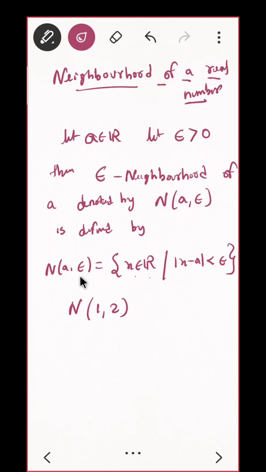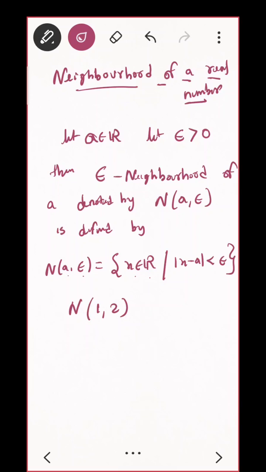Do you understand this definition? If I say N of a comma epsilon, that means what? It is giving me the set of all values which are neighbors. We will read this as neighborhood of a with epsilon. If I am asking about this, then what will be the answer?